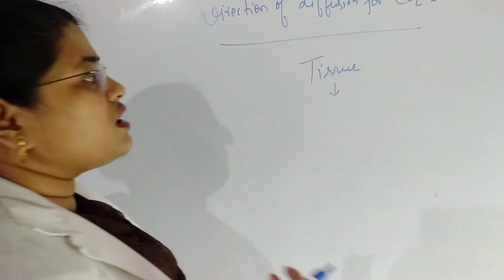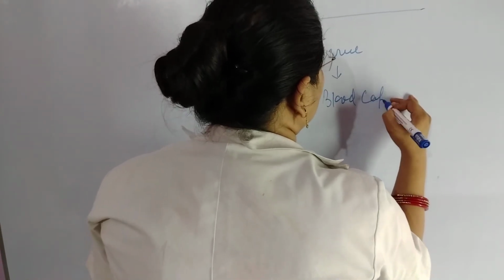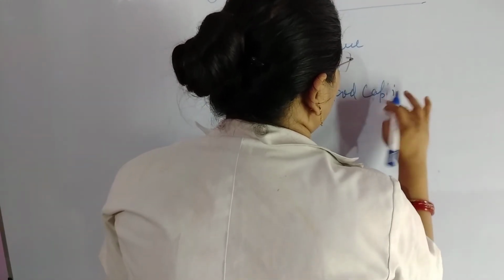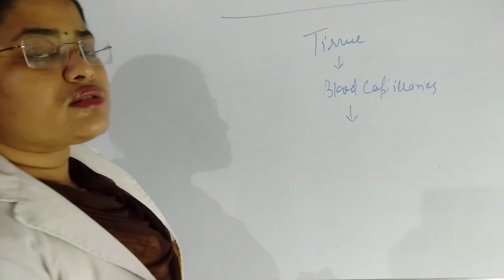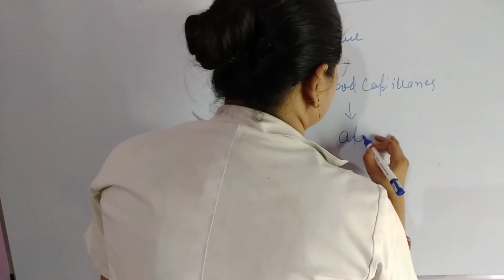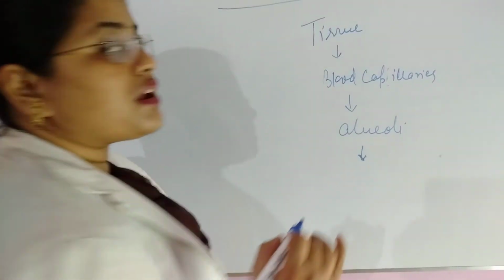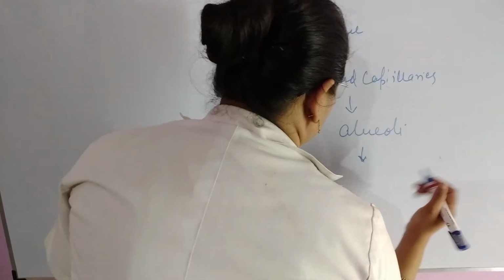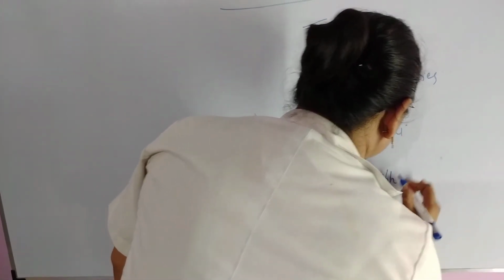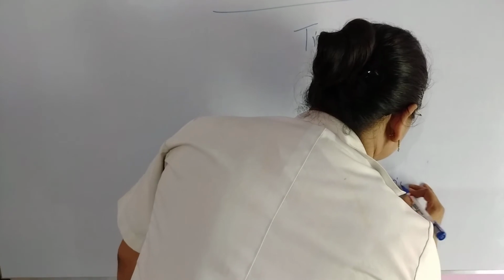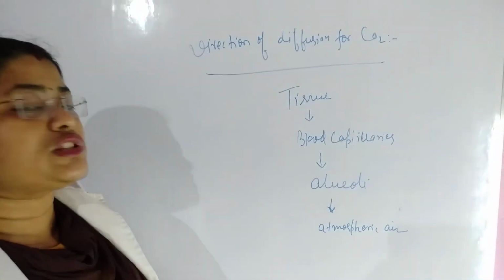From tissues it reaches blood capillaries, from there it reaches alveoli, and lastly it is expelled and goes outside from the body to atmospheric air.